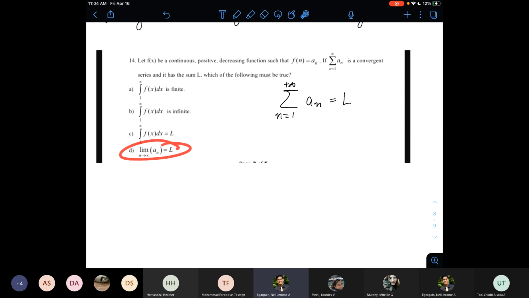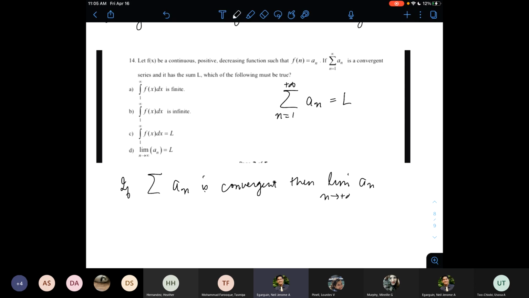Well, this one will be false, right? Why will this be false? Because you should remember that if the sum of a_n is convergent, then automatically the limit of a_n as n approaches infinity is equal to 0. This is basically the foundation of the basic divergence test.